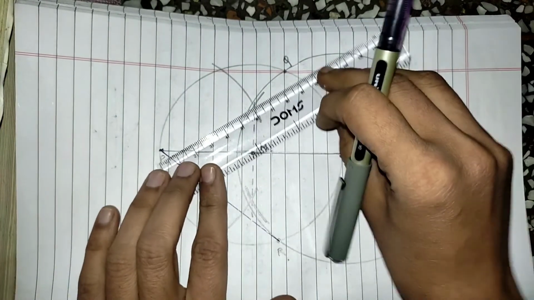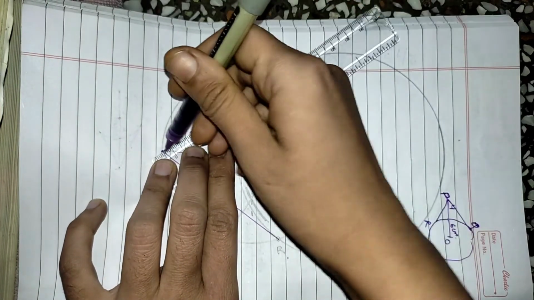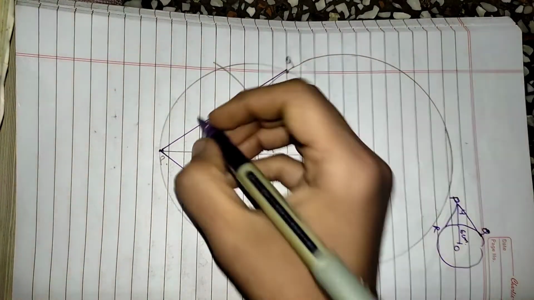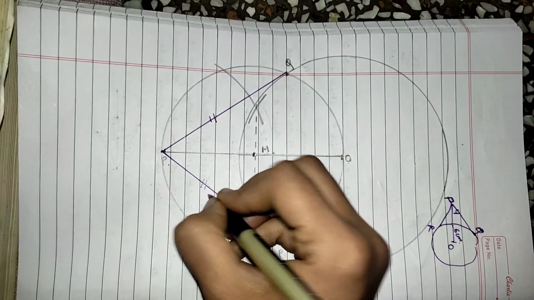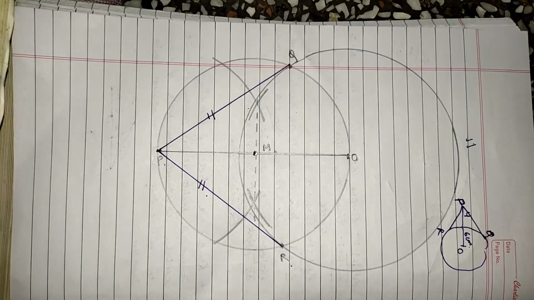These are going to be your 2 required tangents. Okay, so these are the 2 tangents which we have to draw on the given circle, right?